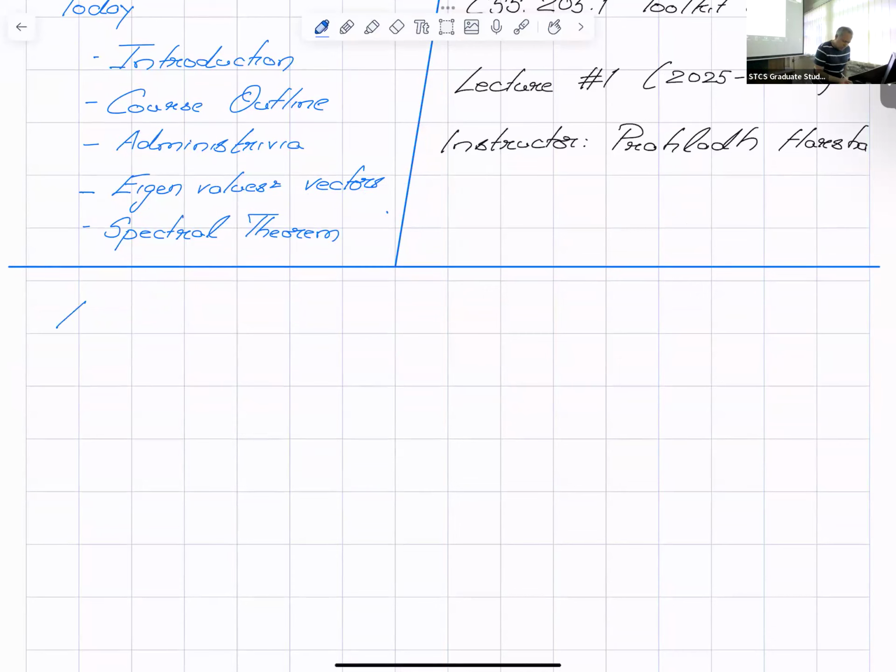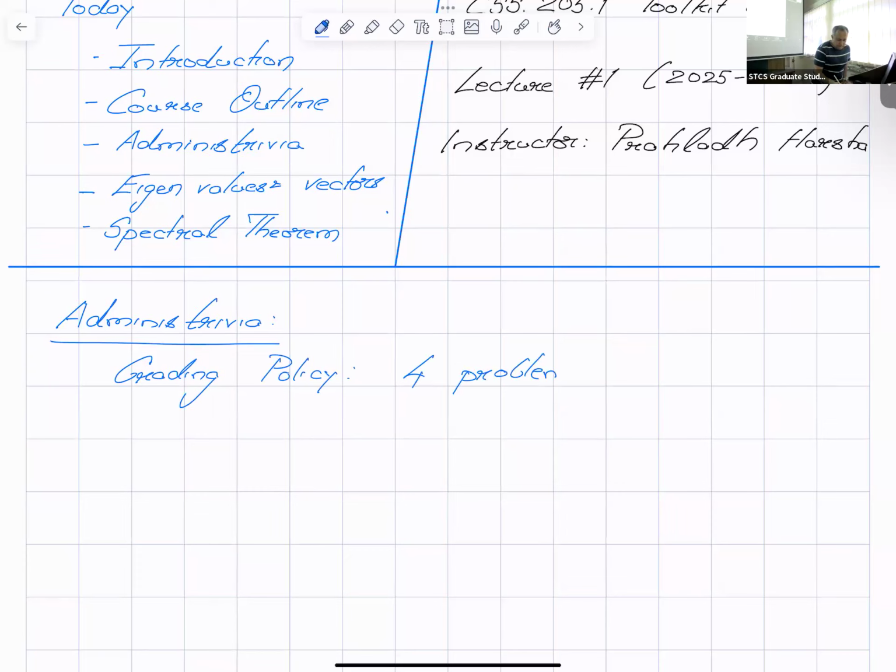A couple more things, given that it's the first lecture of the course. Let me say what the grading policy of the course is. This course will have 4 problem sets spread across the semester, and these will contribute 60 to 75% of the overall grade. You will be graded on the best 3 of 4 problem sets.